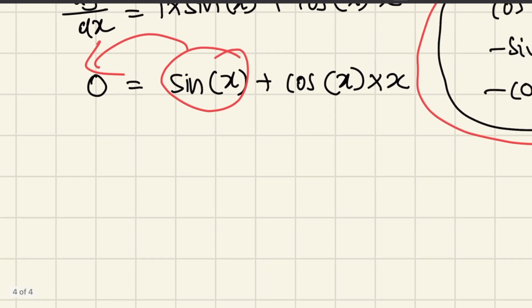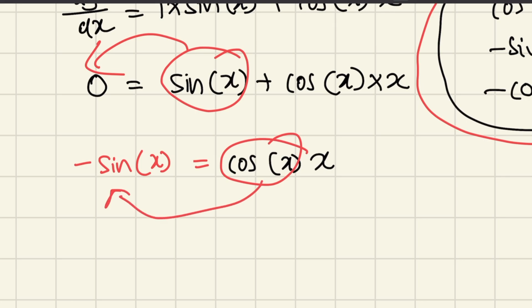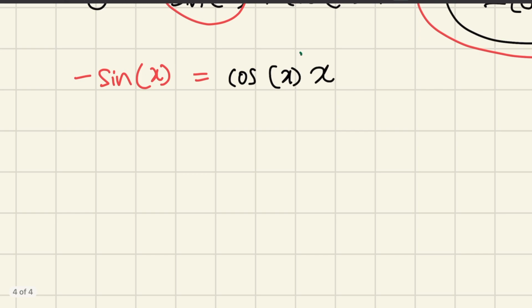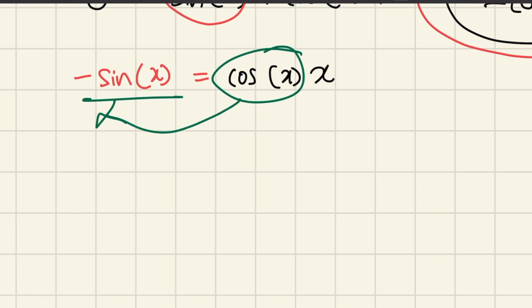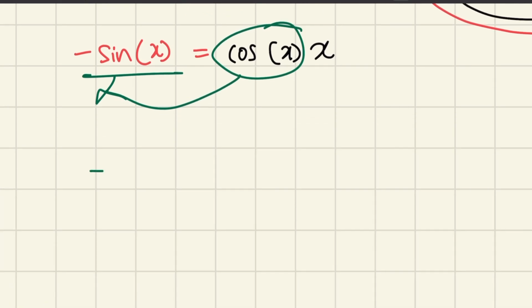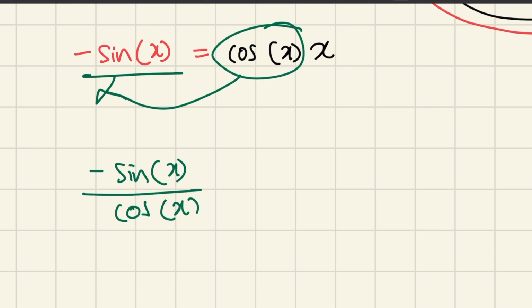So then it becomes negative sine x is equal to cos x times x, and now we can divide by cos x on both sides. So we get negative sine x on cos x is equal to x.